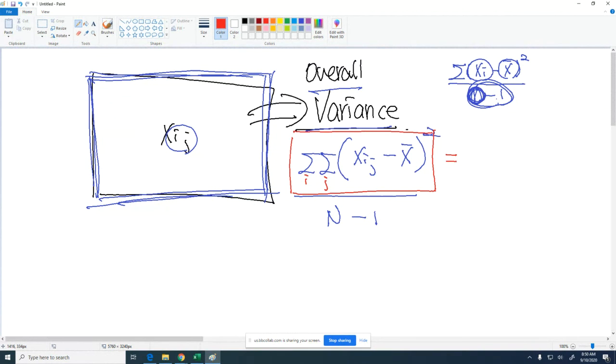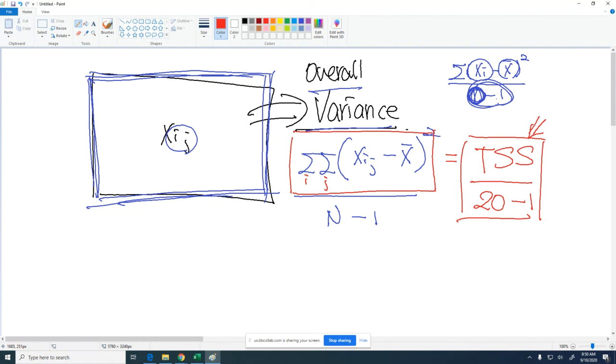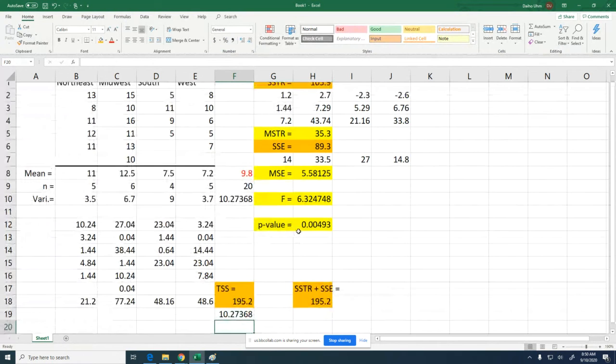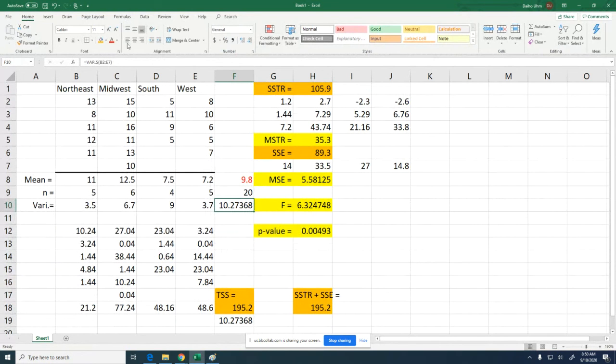It is the TSS over 20 minus 1. So we took the TSS and let me divide it by 19. That is what I want to do. So let me go back to the Excel. Yeah, we already took the TSS over 19. Please compare these two.